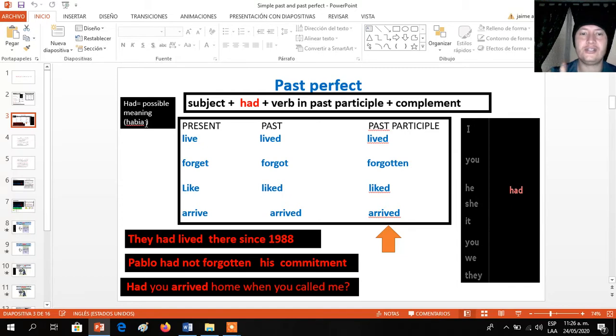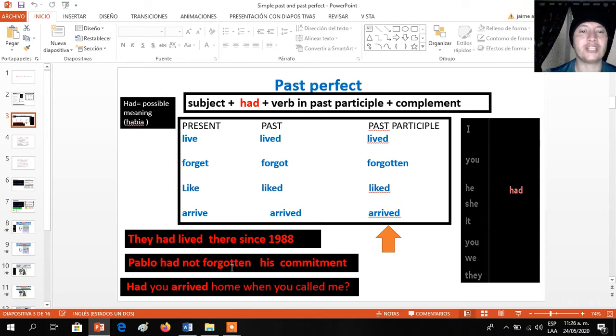It is useful in the timeline when the actions have been happening and they stop and don't continue anymore because they stopped. For example, they lived there since 1988. Ellos han vivido allí desde 1988.